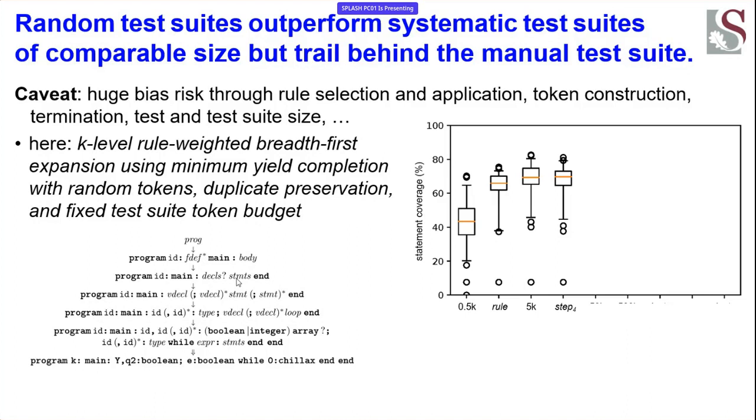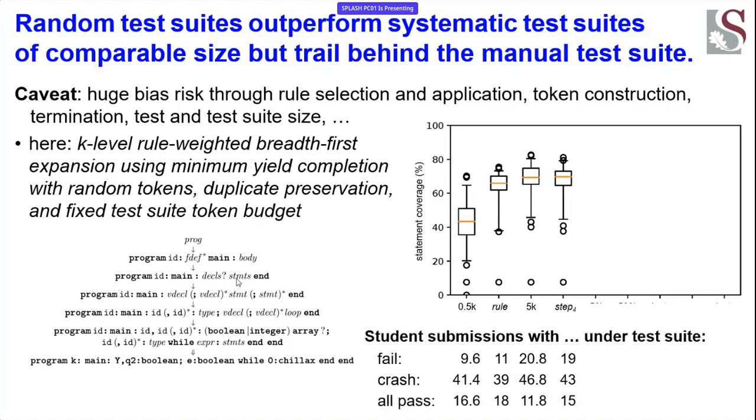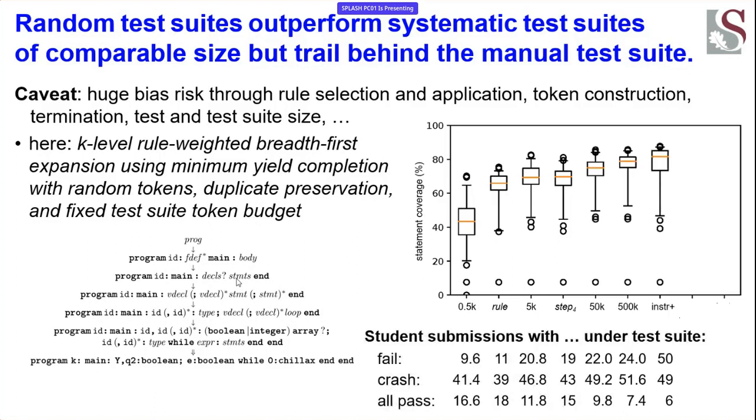So there it's slightly better. But if we go further, if we spend more effort, we get better than systematic. So random test suites outperform systematic test suites. They perform roughly the same at the same size, but when they get bigger, they outperform.